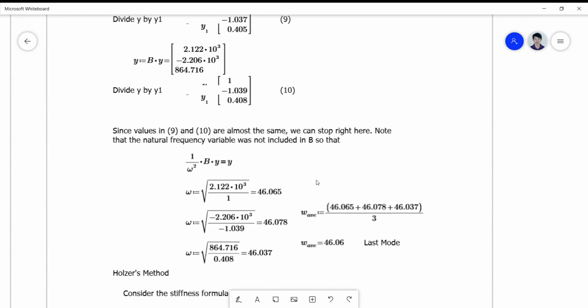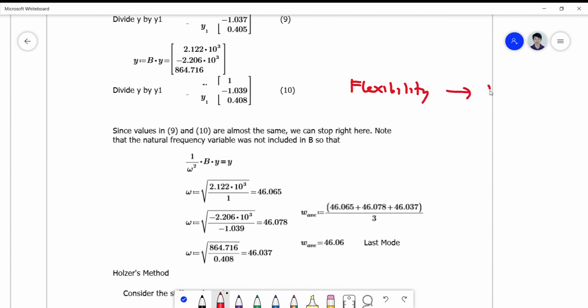Take note that the flexibility formulation yields the first mode or the fundamental mode, while your stiffness method yields your last mode.